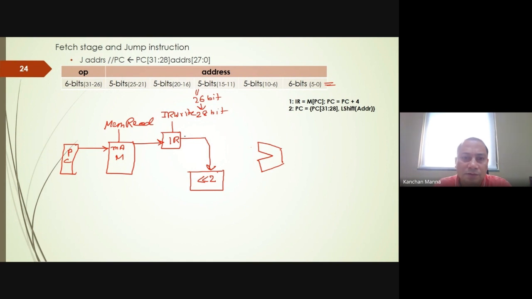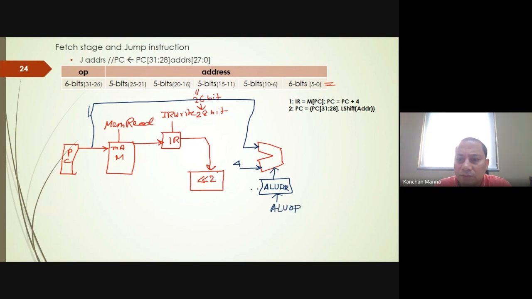So PC would come via this path, and we have to provide the ALU control signals to the ALU decoder, with ALU op, and the func field, which would be used when you have an R-type instruction. Now PC plus 4 is available here. Now we have to load the PC plus 4 in the PC.